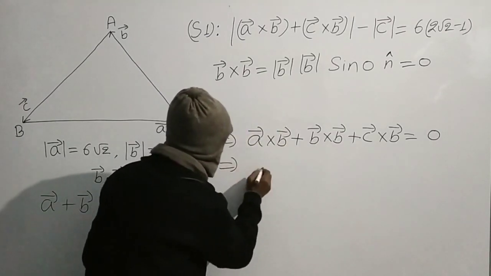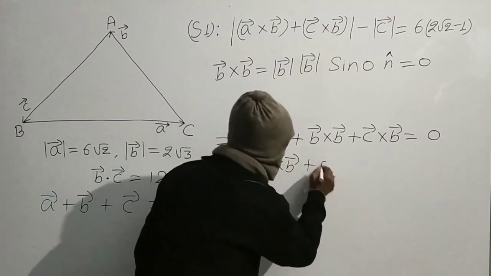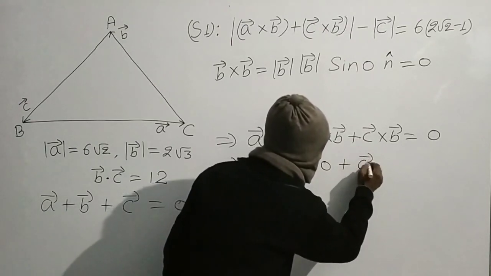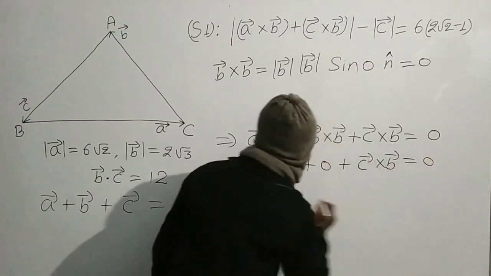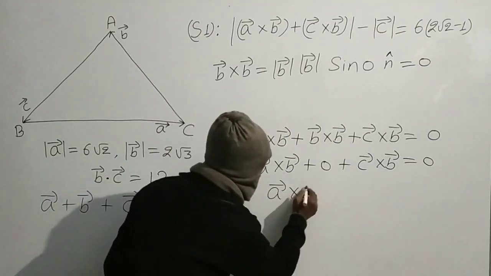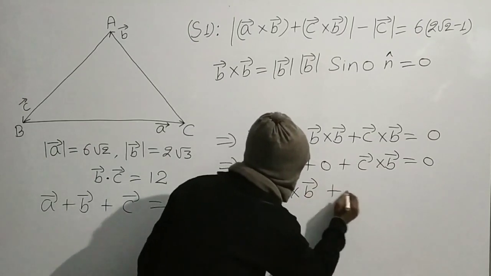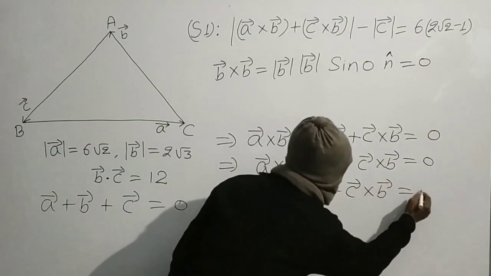This implies A cross B plus 0 plus C cross B is equal to 0. This implies A cross B plus C cross B is equal to 0.